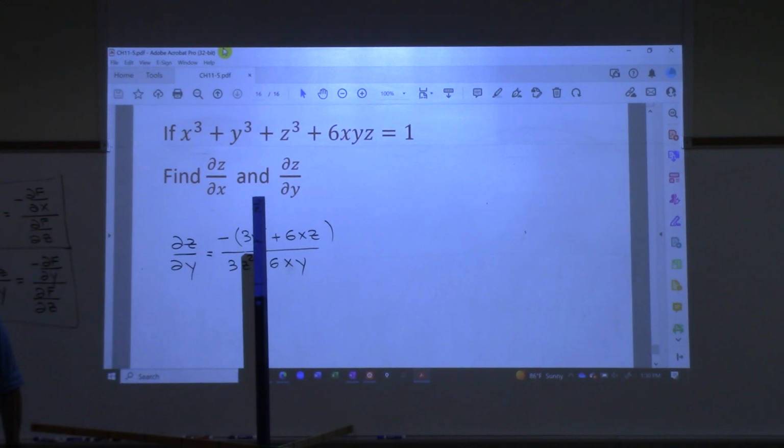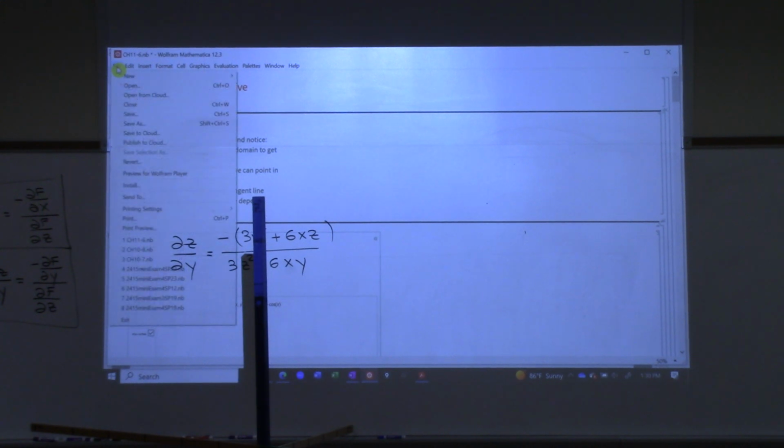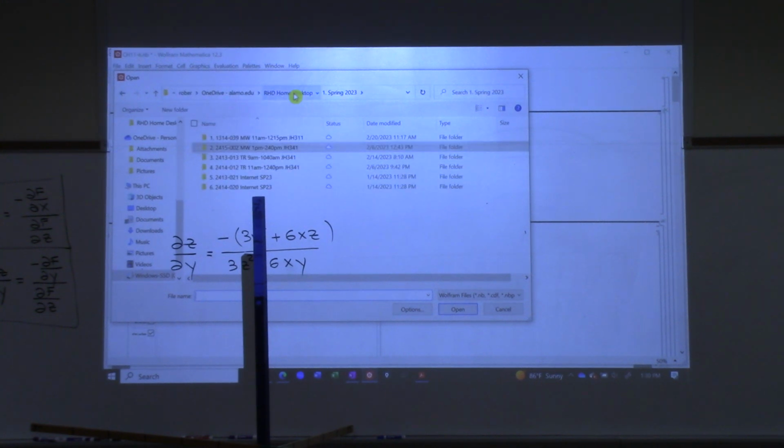Do you want me to show y'all the image again? I'll show it because this is important for the next section. If we're not seeing it, it might be hard to see what we're about to do. Hold on.